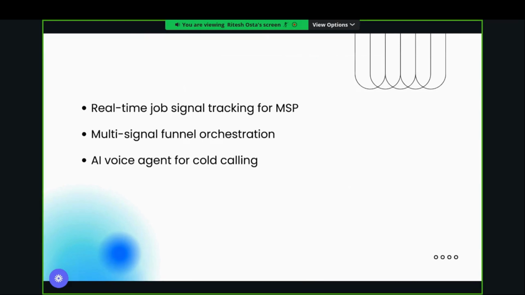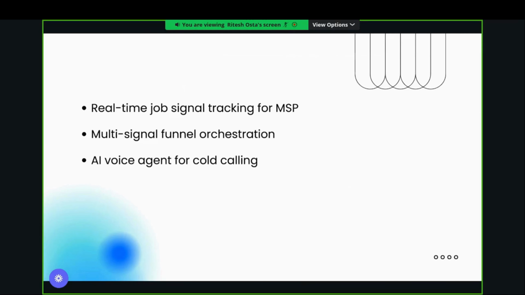For example, if you are a CTO recruitment agency, and you provide companies with C-level hiring, CTO, CEO, and all of that, in that case, what is the best signal for you? The best signal for you is a company actually posting that particular job. So if the company is posting a job, hey, I want a CTO, that's a great signal.